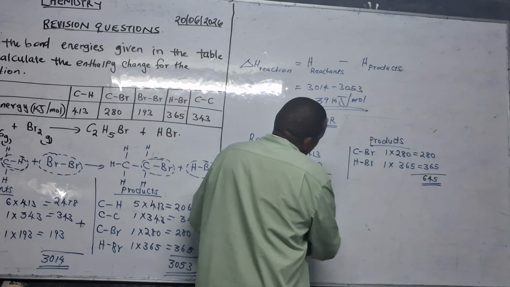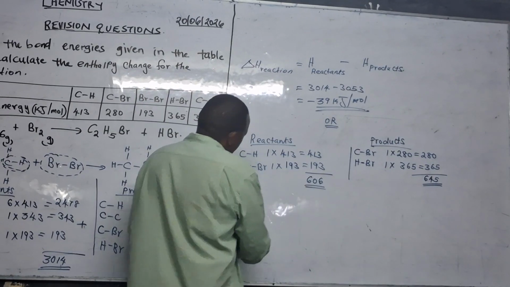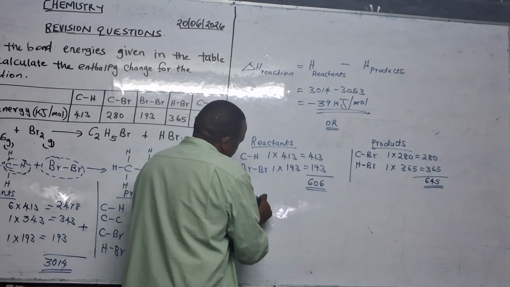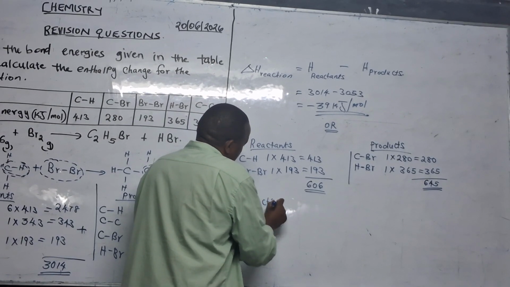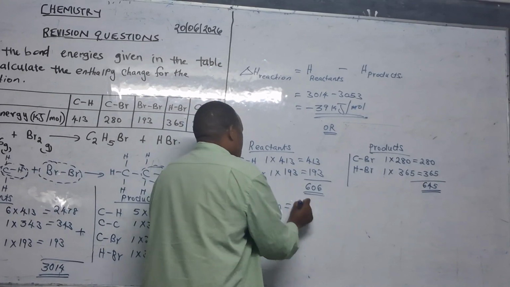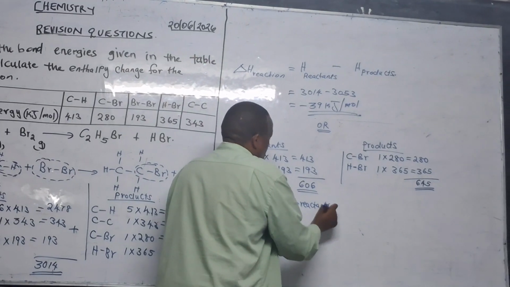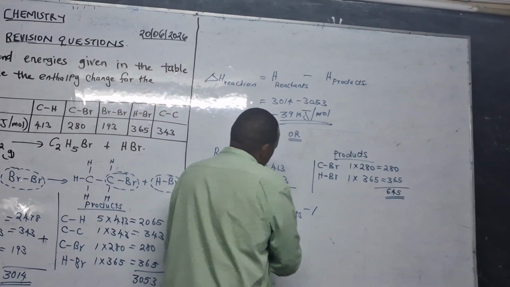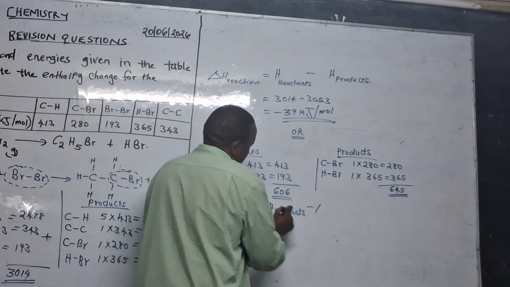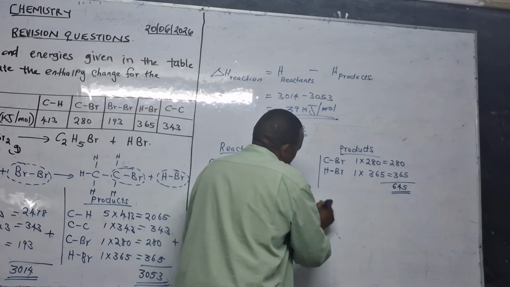Then we use our formula. Enthalpy of reaction is equal to enthalpy of reactants less enthalpy of the products.